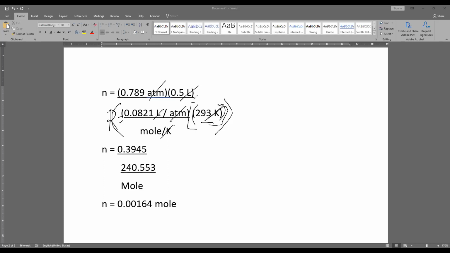And we canceled actually the symbols. So we only have 0.3945 over, of course, the mole. We didn't cancel the mole, correct? Because we're looking for the mole.